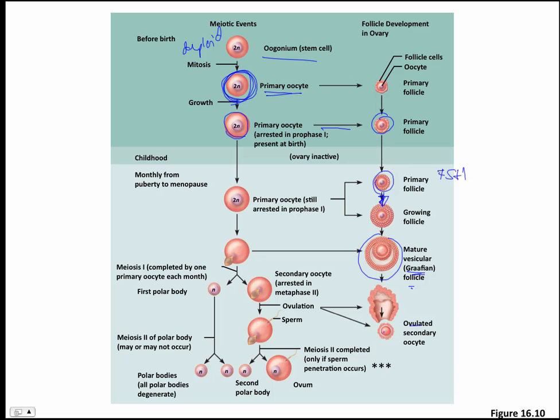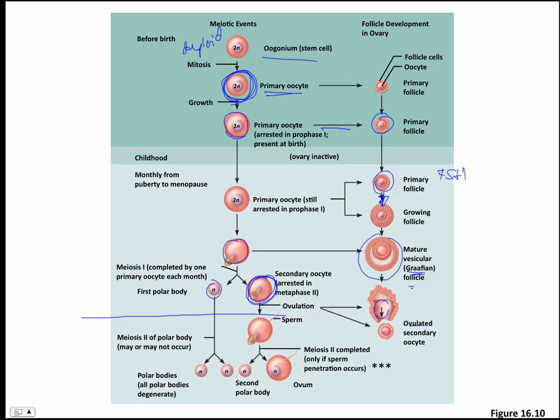Prior to ovulation, we're going to divide this mature vesicular Graafian follicle into a first polar body and a secondary oocyte. Now this is where we're going to stop. So the secondary oocyte is what's released by the ovary into that fallopian tube.